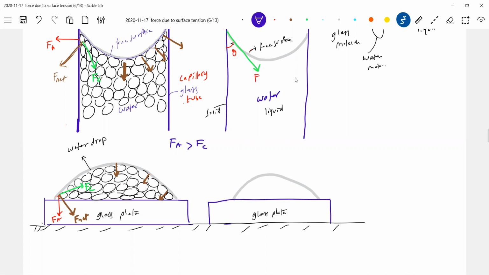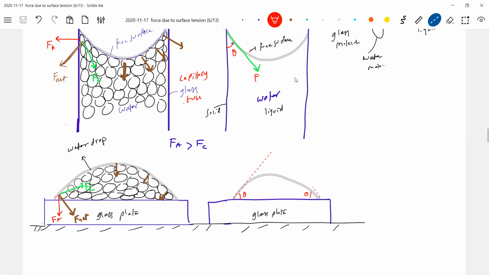So what is the angle of contact? This should be the angle of contact. Okay, fine, agreed. And how will the force be exerted here? Shall we go for some drawing?